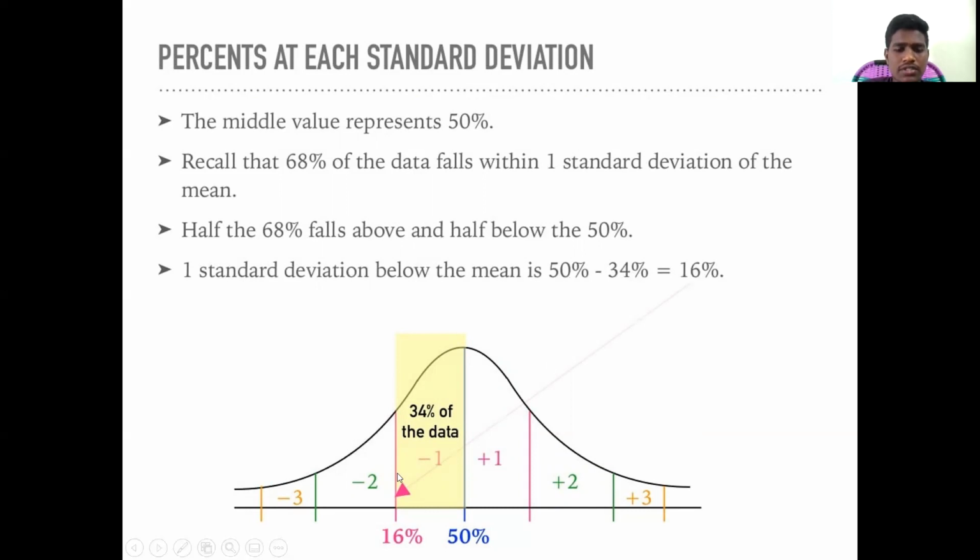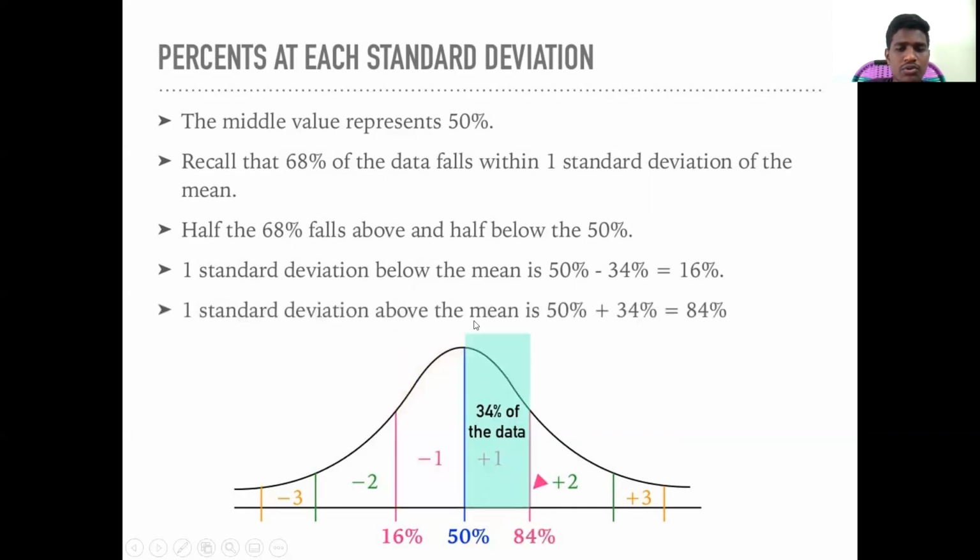The left side totals 50%; from the median to the left covers 34%, and the remaining part from -2 to -3 is 16%. The majority of the data is covered within -1 standard deviation, and the remainder is covered in -2, -3, -4 and so on.